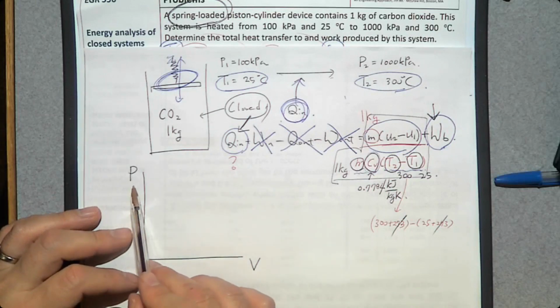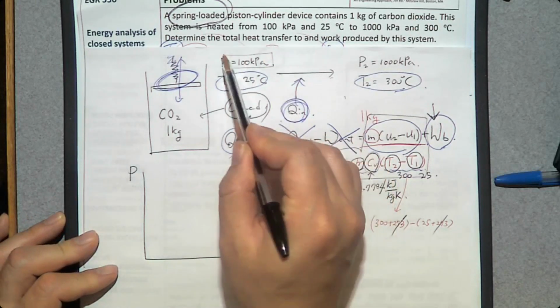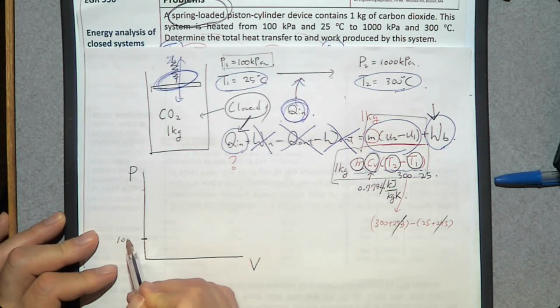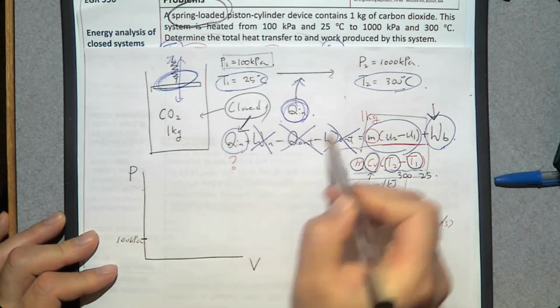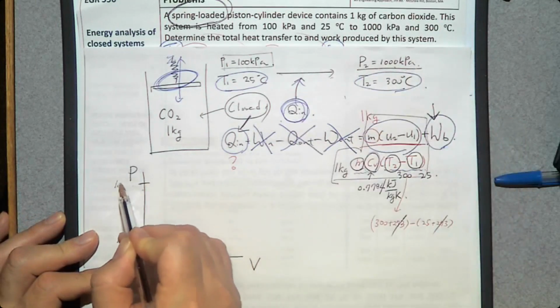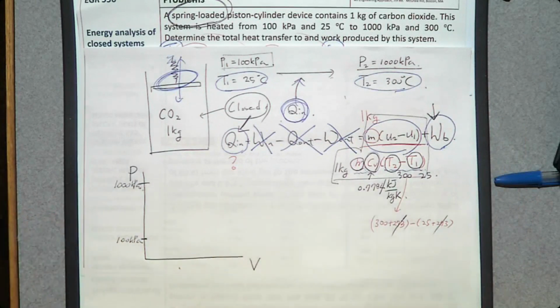Then let's find the initial state. So we have 100 kilopascal. We have the final pressure, 1000 kilopascal. What about volume? Oh, we don't know the volume of the system.